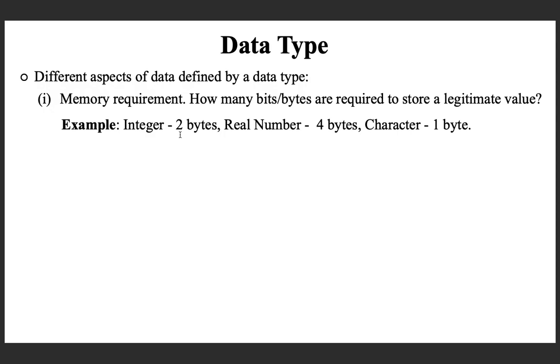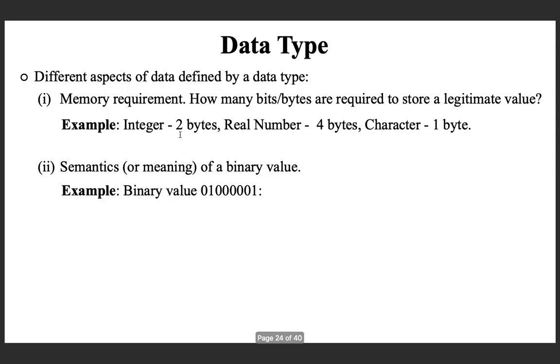So the first aspect that a data type is representing is the memory requirement. How many bits are required to represent a value? The second aspect is that we have already seen, the method of interpretation or the semantics or the meaning of the binary string. Example is here, suppose you have this binary string, type is integer means it is 65, type is character means it is capital A. Okay, so the data type determines what is the meaning of the binary string.